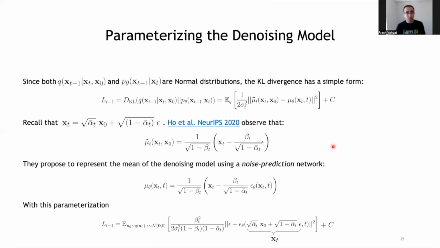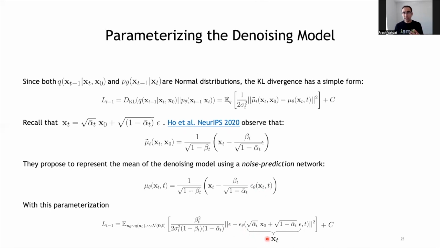The term L t minus 1 becomes: you draw samples from the training data distribution, you draw a noise vector from a standard normal distribution, and using this noise vector you generate xt, the diffused sample, using the parameterization trick. You can now pass this diffused sample to your epsilon prediction network, the network that is trained to predict the noise that was used to generate xt.